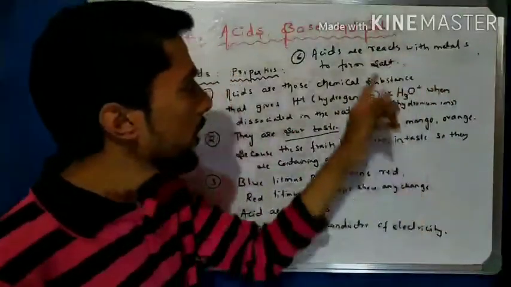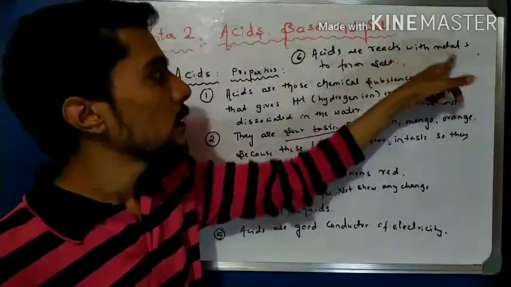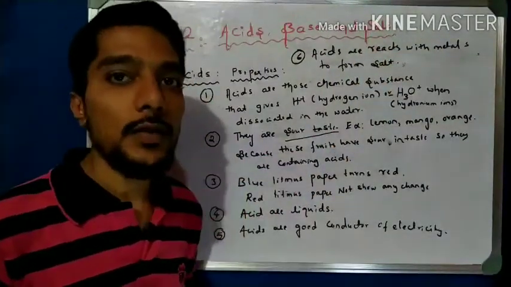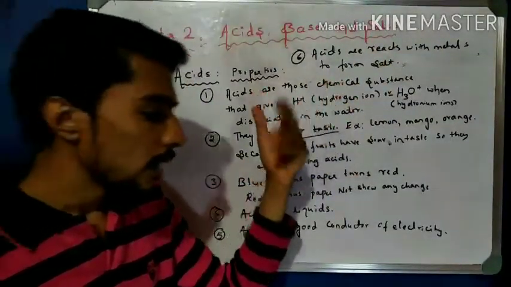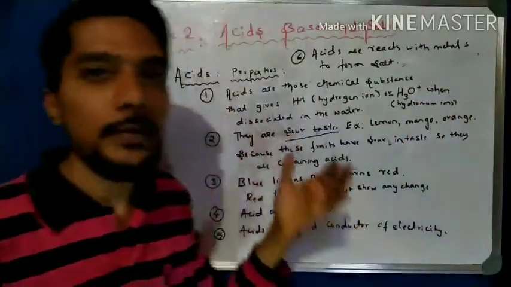I mention only that acids react with metals to form the salt of that metal. So these are some important properties of acids.